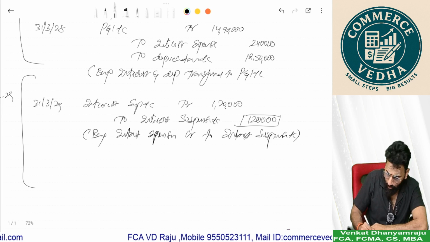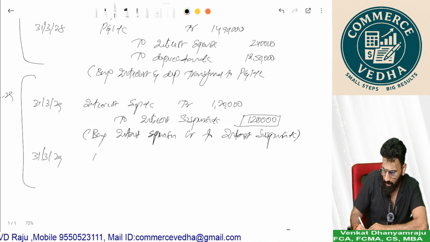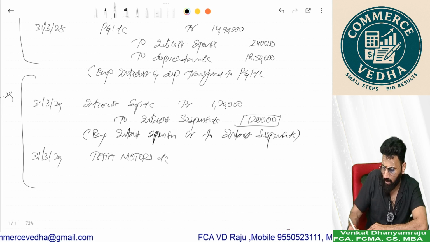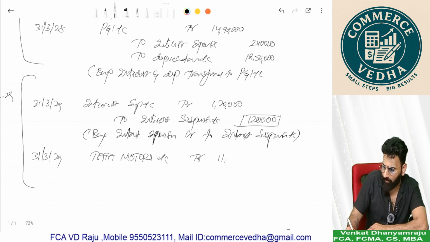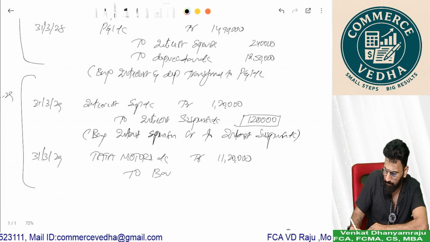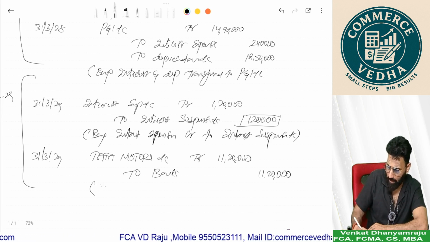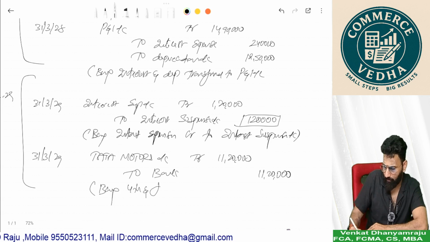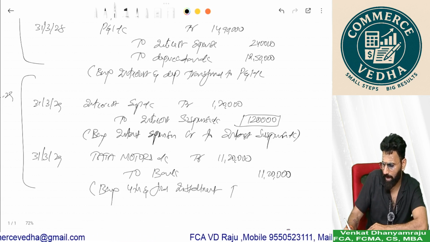Now immediately what you should do, 31/3/29, Tata Motors account debit 10 lakhs plus 120, 11 lakhs 20,000 to bank 1120, being fourth and final installment paid.